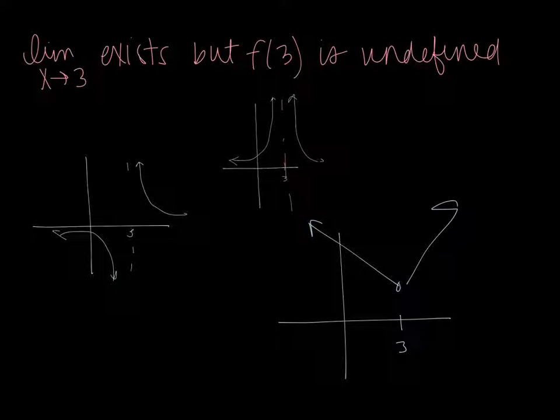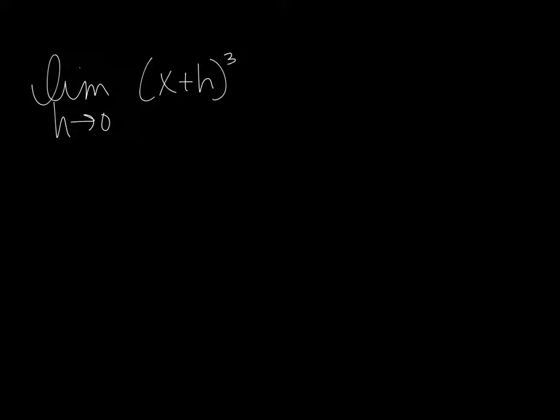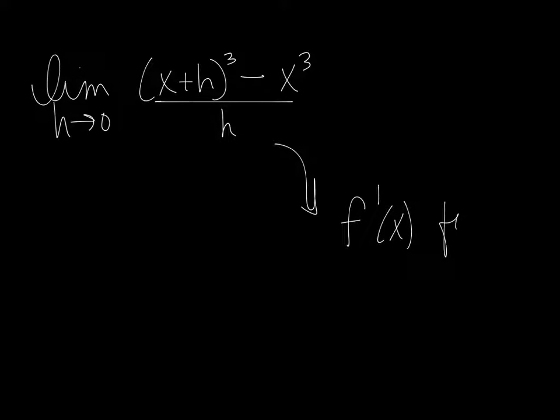Next question, had you giving an example of a question asking to find the first derivative of x to the 3rd using the definition of the derivative. The limit as h approaches 0 of x plus h to the 3rd minus x to the 3rd all over h. This is asking you to do f prime of x for f of x equal to x to the 3rd.